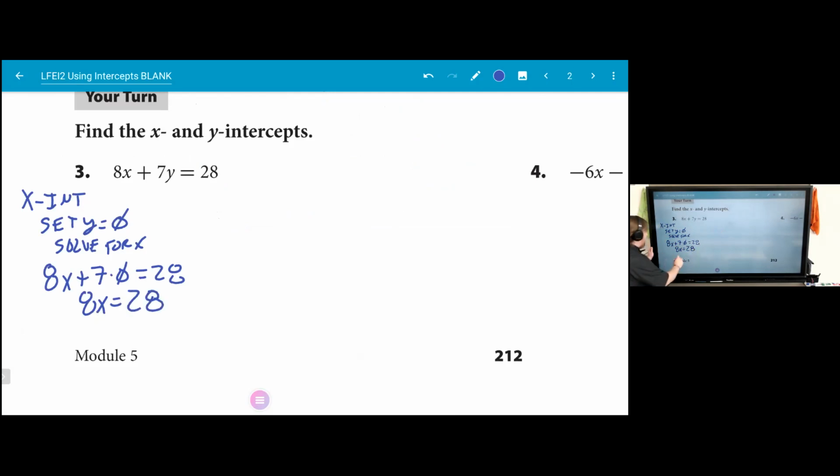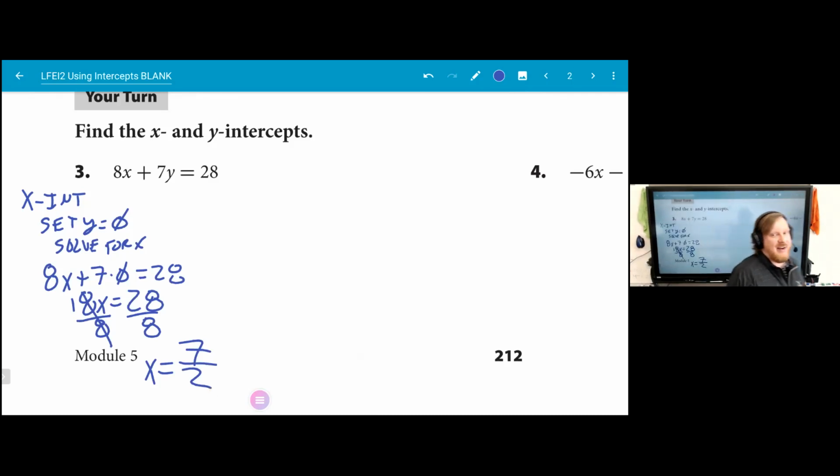We divide both sides by 8 to get x by itself. I can divide both 28 and 8 by 4. I end up with 7 halves. Do not turn that into a decimal. Leave that as 7 halves. That's how to find the x-intercept.